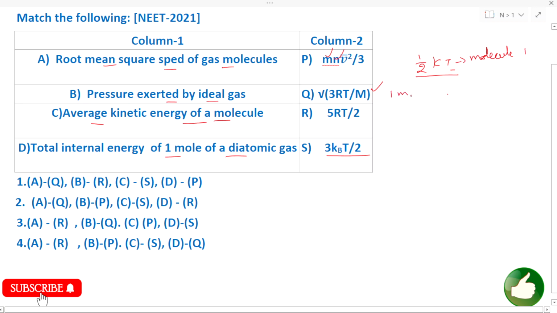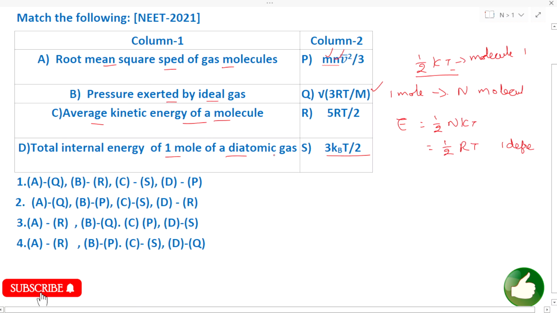But if you consider 1 mole, it consists of Avogadro number N of molecules. Then the total internal energy will be 1 by 2 N k T, that is equal to 1 by 2 RT. This is for 1 degree of freedom.